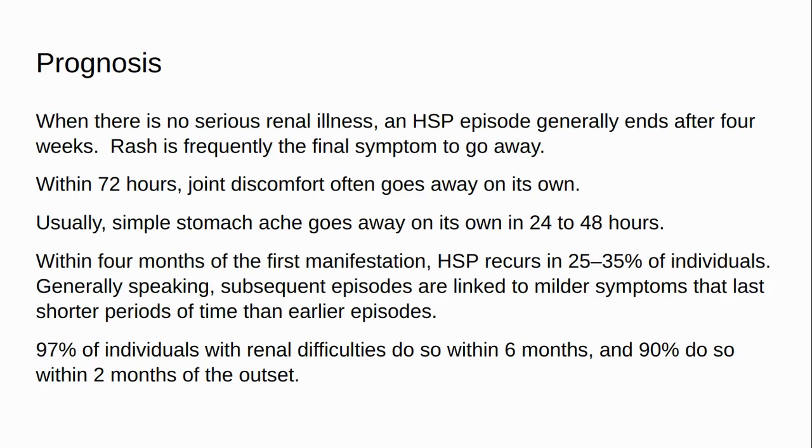Within 4 months of the first manifestation, HSP recurs in 25 to 35% of individuals. Generally speaking, subsequent episodes are linked to milder symptoms that last shorter periods than earlier episodes. 97% of individuals with renal difficulties develop them within 6 months, and 90% within 2 months of the outset.